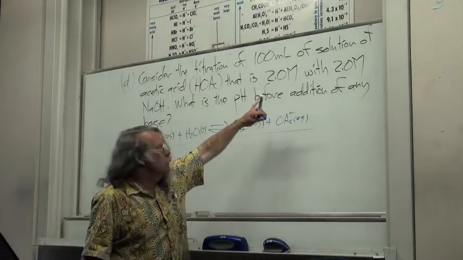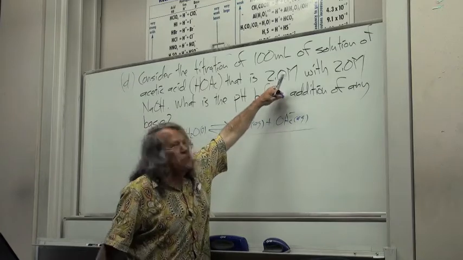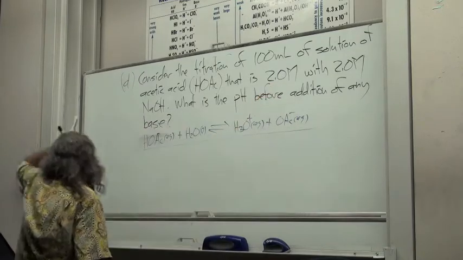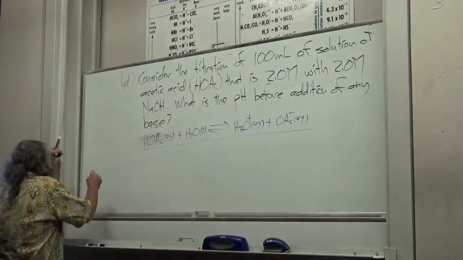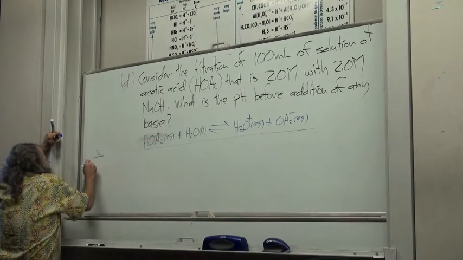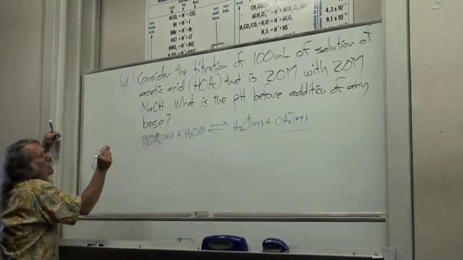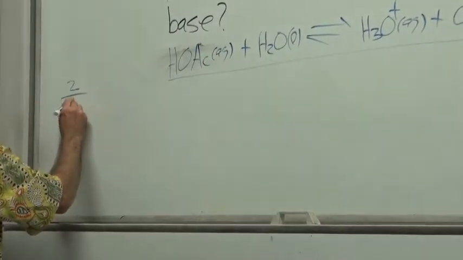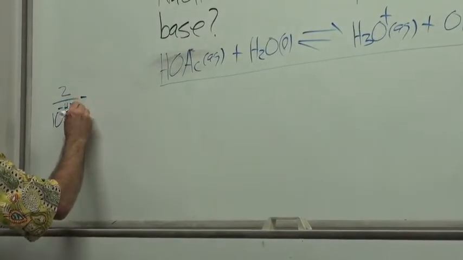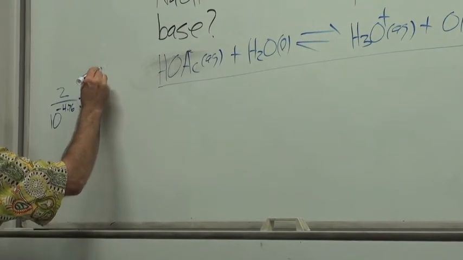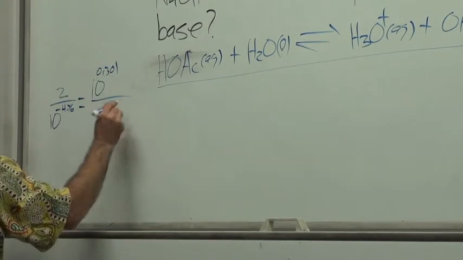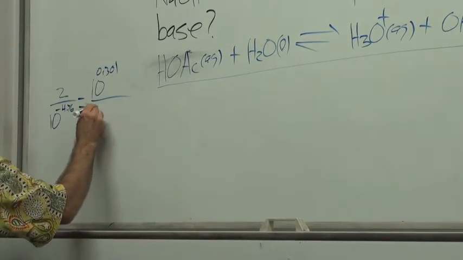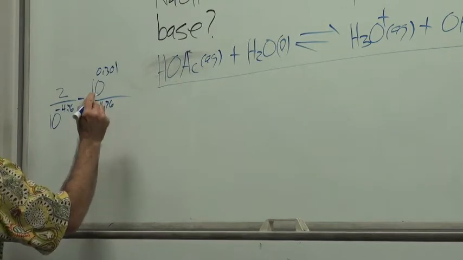I'm using the acetic acid. Yeah. So the concentration of the acetic acid, 2 over 10 to the negative 4.76 is equal to 10 to the 0.301 divided by 10 to the minus 4.76.